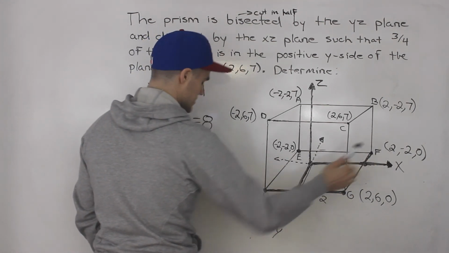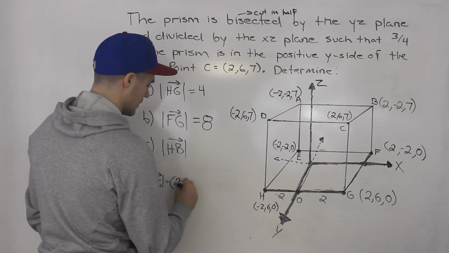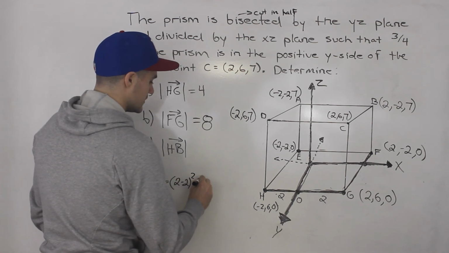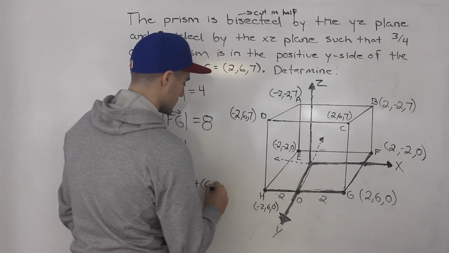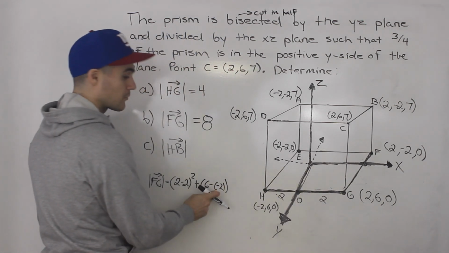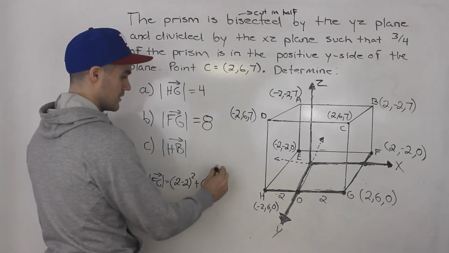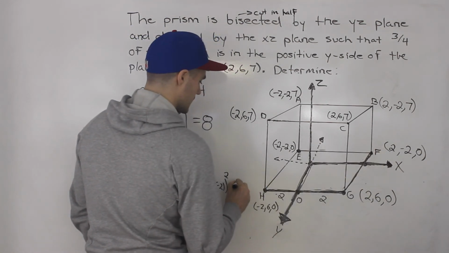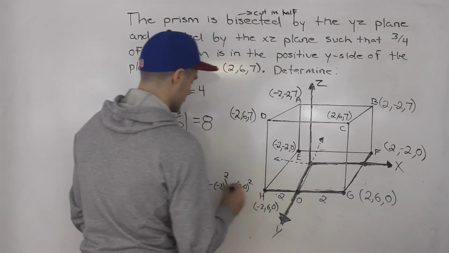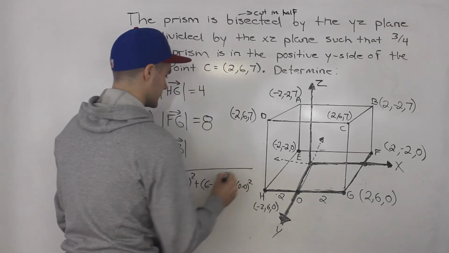So we got 2 minus 2 squared. The difference in the y value, so 6 minus -2. Remember to put that bracket there for -2. You got to square that. And then 0 minus 0 squared. And then you would square root that whole thing.